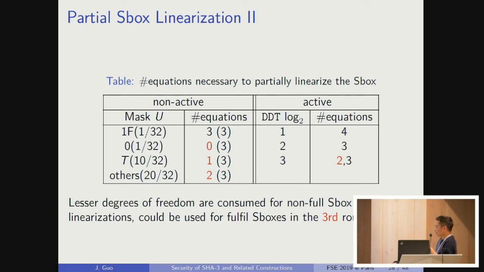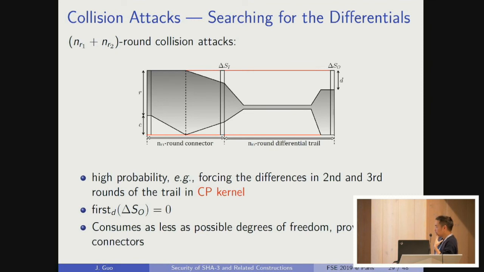So by this, we have done a linearization for the first 2 rounds. All the active S boxes are fulfilled automatically, plus some of the S boxes in the third round. And this is for the connector layer.